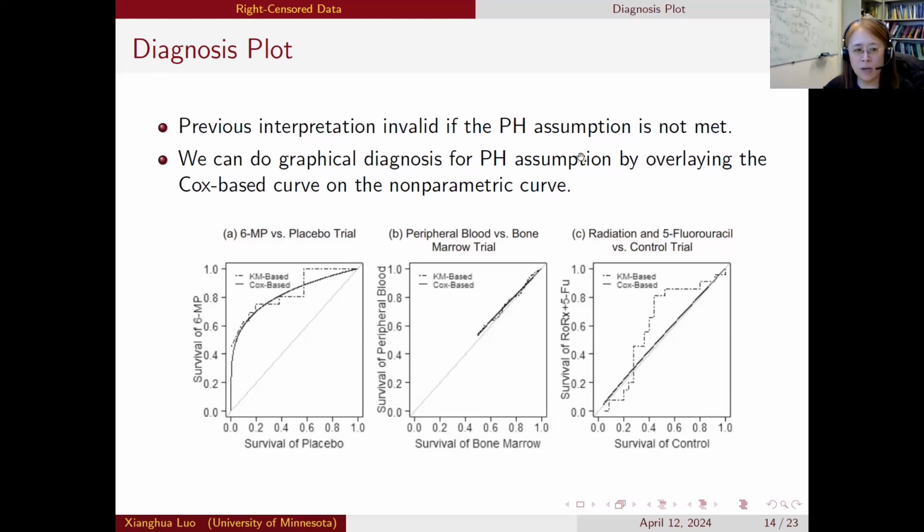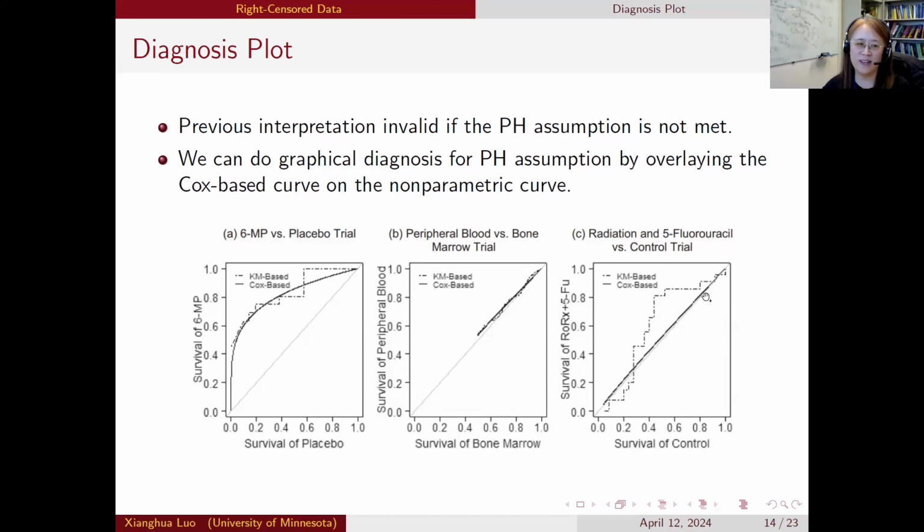violated PH assumption. However, in the third case, the nonparametric curve is a step function, but the model-based Cox curve is pretty much mixed with the diagonal. And that's not the truth.